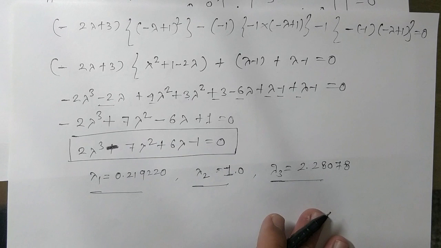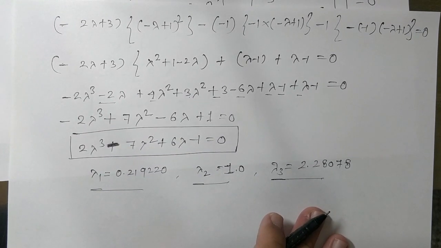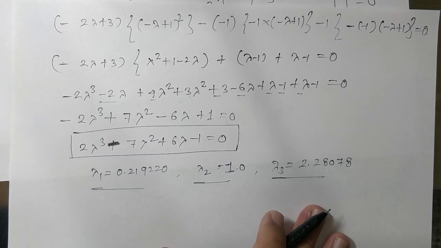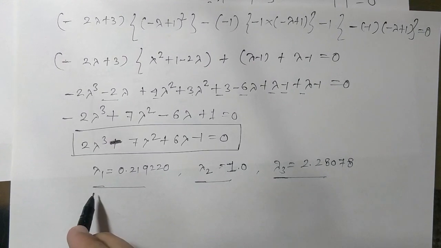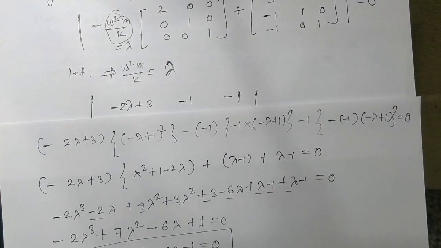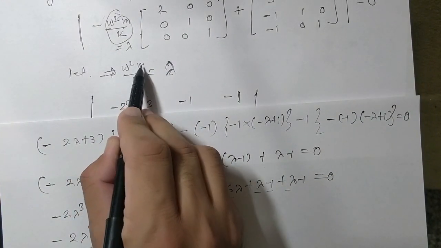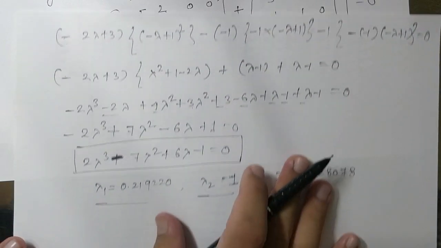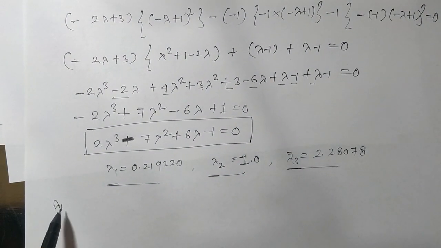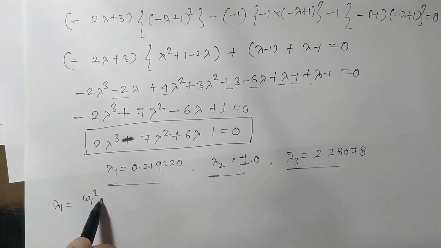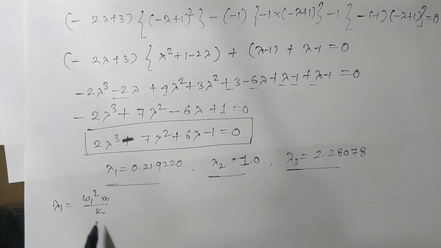These are eigenvalues. Now we can find the natural frequencies, because lambda, the constant we defined, equals omega square m over k. So lambda 1 equals omega 1 square m over k.